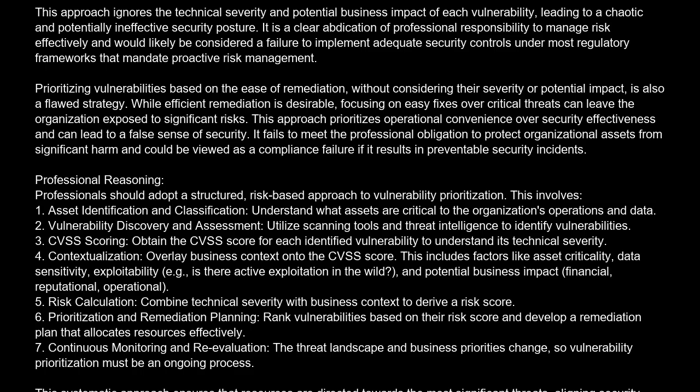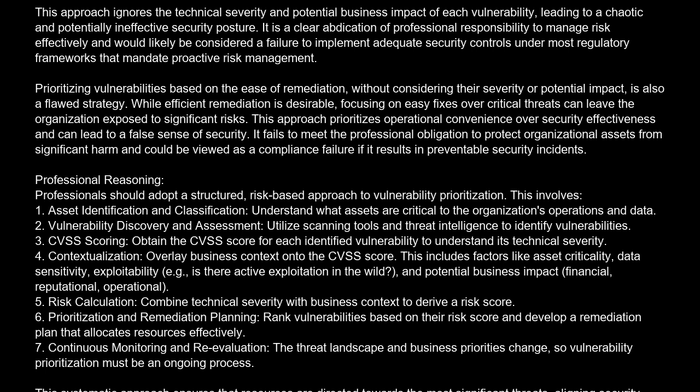CVSS scoring. Obtain the CVSS score for each identified vulnerability to understand its technical severity. 4. Contextualization. Overlay business context onto the CVSS score. This includes factors like asset criticality, data sensitivity, exploitability, e.g., is there active exploitation in the wild, and potential business impact, financial, reputational, operational.